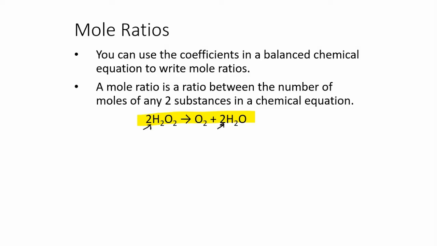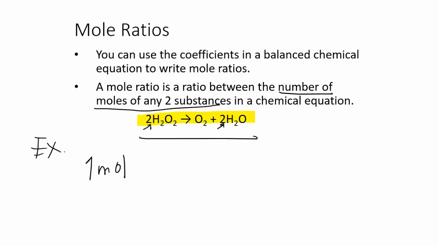So, pagkuha ng mole ratio, sabi natin, it is a ratio between the number of moles of any two substances. For example, we want to get the ratio of oxygen to water. Okay? So, 1 mole of oxygen is equivalent to 2 moles of water.